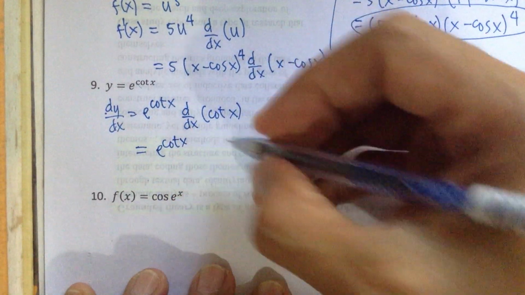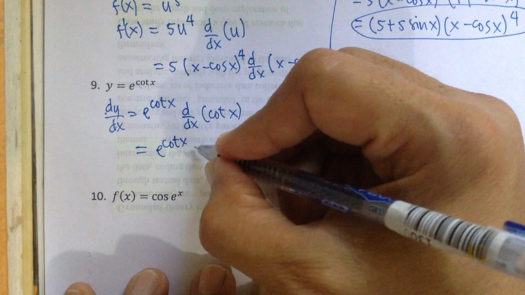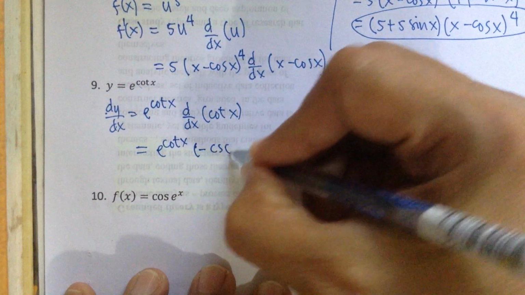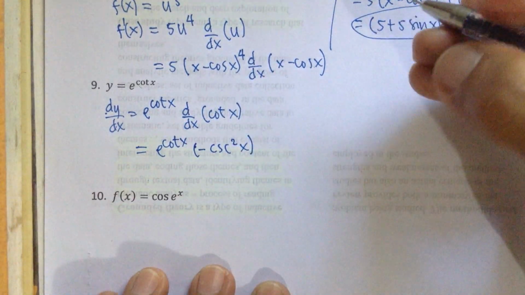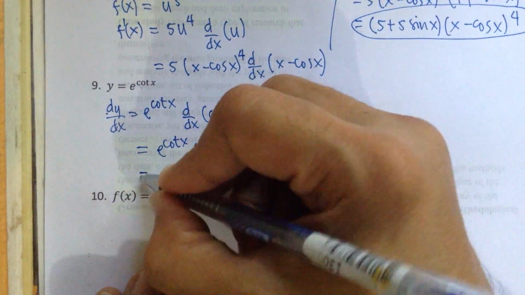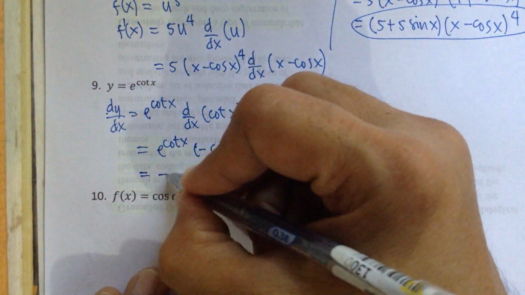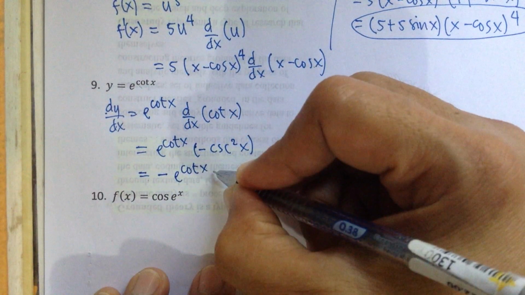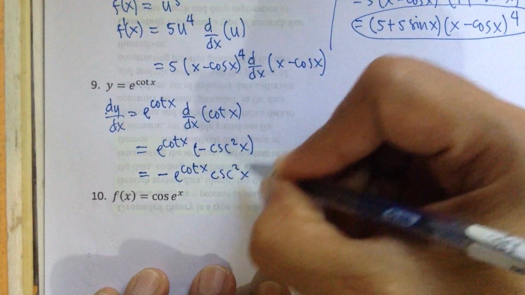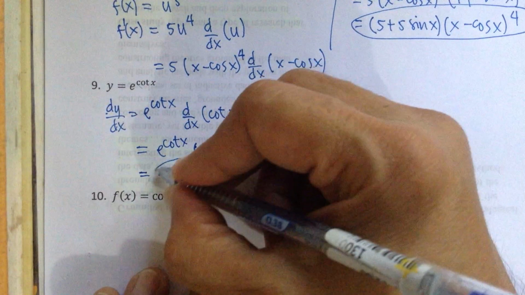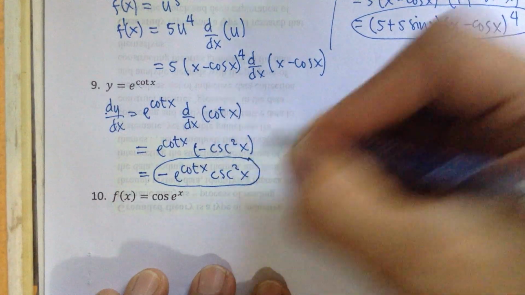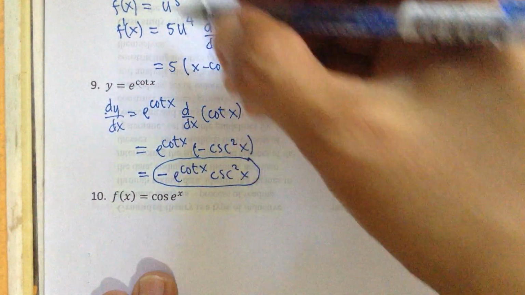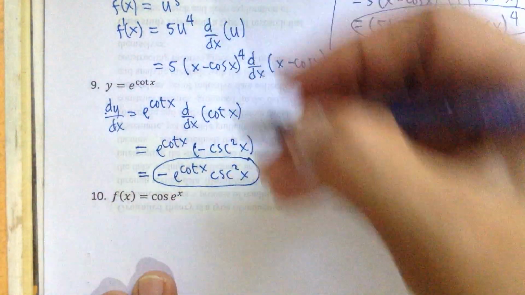Derivative of this is, check your formula, that's actually equal to negative cosecant squared x. So you can write your final answer as negative e to the cotangent x times cosecant squared x. You are actually saving some space when you don't write the u anymore.